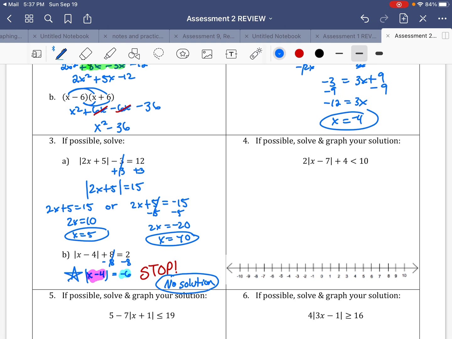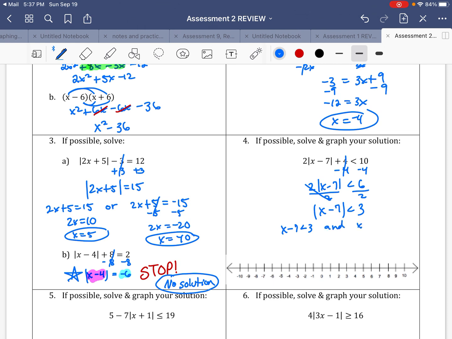All right, let's see. I got to clean this up. It's an inequality this time, remember? So take away 4. I still have a 2 with my absolute value of x minus 7 still here. I got to divide both sides by 2. So that's gone. So now it's absolute value of x minus 7 is less than 3. So this is a less than problem. This is an and problem. So I have x minus 7 is less than 3.